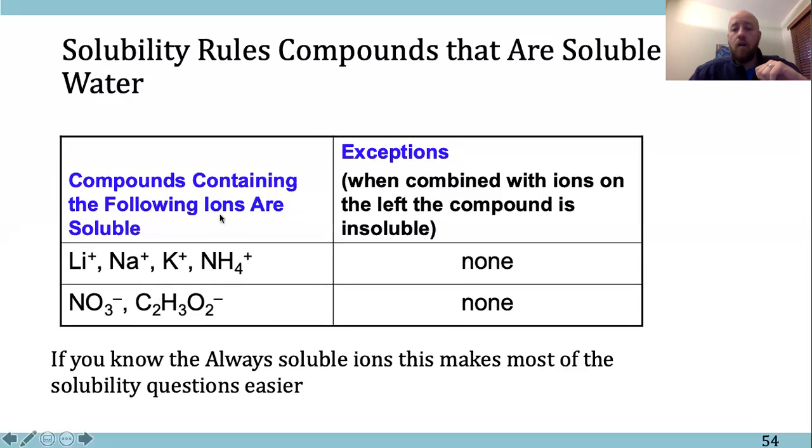You're not going to get sodium chloride as a solid in a solution; it's automatically going to dissolve and be aqueous. These ions here are the most important ones for you to have memorized. You have to memorize these, and we'll talk more about why a little bit later.